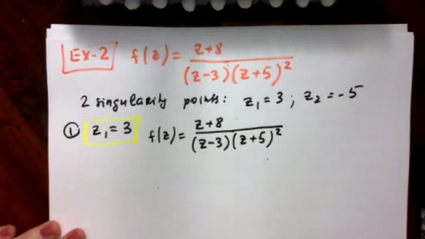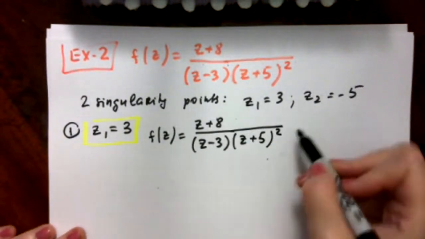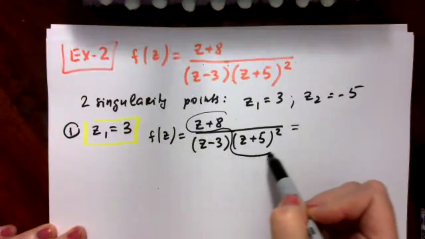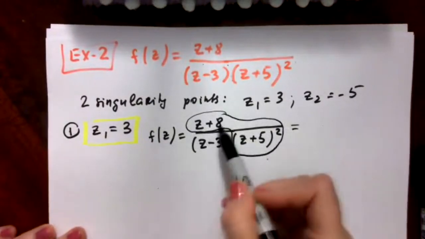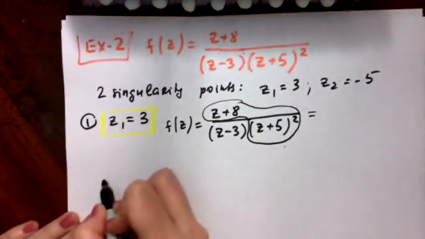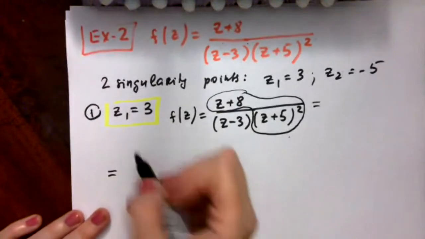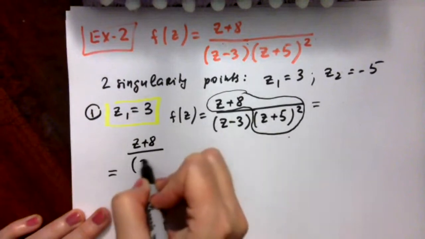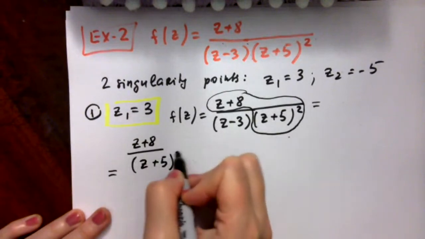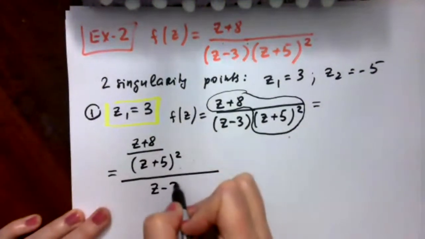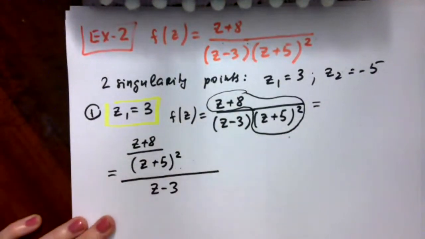Now I'm going to rewrite it in a slightly different way. I'm going to take these two together, the whole expression, and put it into the numerator. I'm running out of space, so I'm going to the next line. So z plus 8 divided by z plus 5 squared will be my numerator. And the denominator becomes very small, just z minus 3.